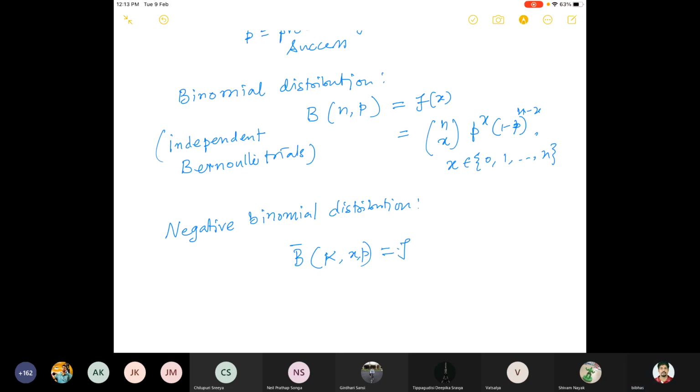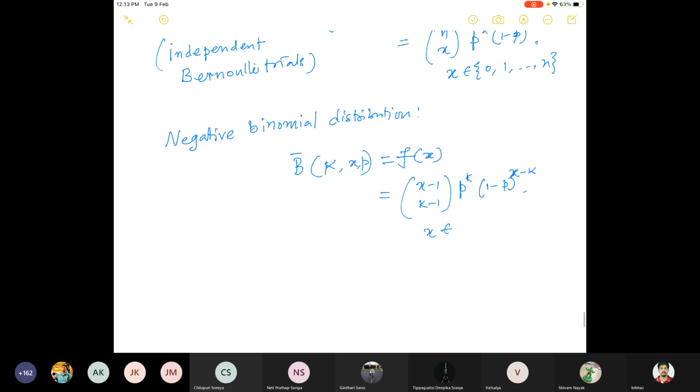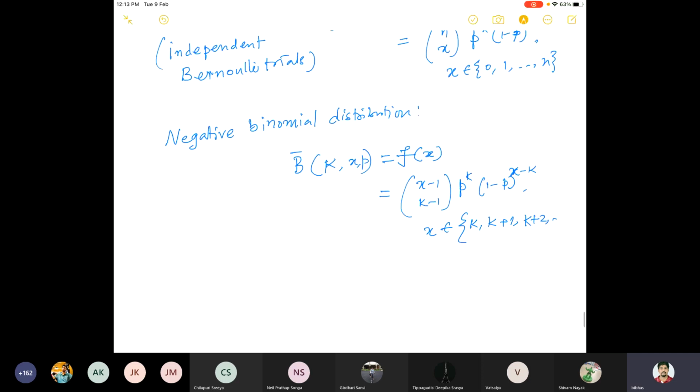Which is defined as (x minus 1) C (k minus 1) p to the power k, and (1 minus p) to the power (x minus k). And here x can take the value k, k plus 1, k plus 2, and so on.